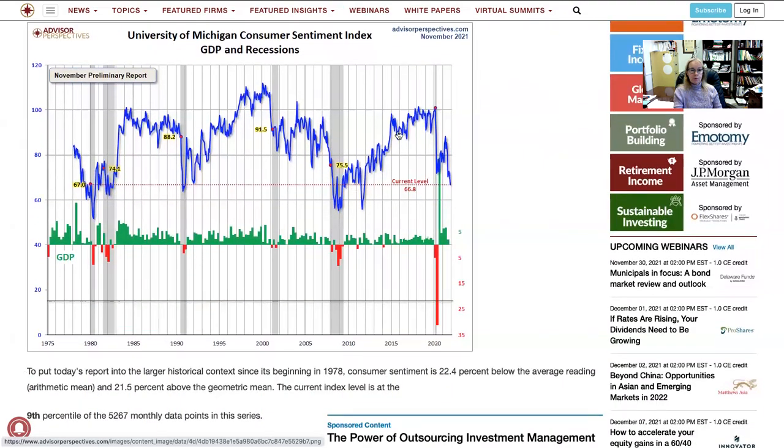I was really shocked that this number has gone down so much, to be honest with you. So you can read and see, this is the current level. These are really high levels. If it's over 100 or around 100, people are really positive about the economy. So let's see here.